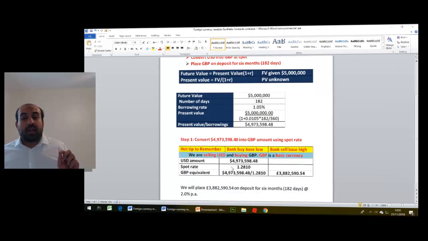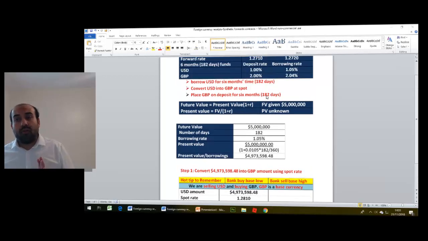We will convert US dollar 4,973,598.48 using 1.2810. We will get the sterling amount of 3,882,590.54. That is the amount of sterling we will deposit for 6 months using the rate of 2% per annum.